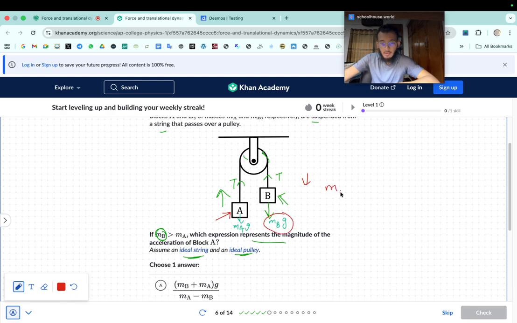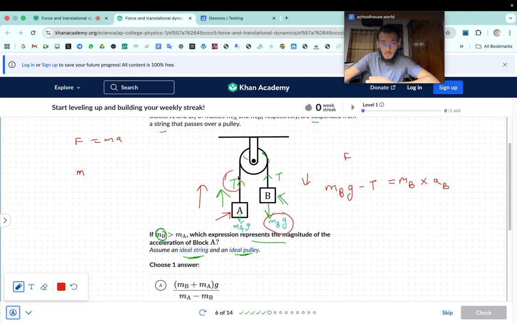So we write mB g minus T. This is the resultant force, F equals mB times the acceleration. They want us to find the magnitude of acceleration of block A, so this is aB. Now for A, because it's moving upwards, the resultant force is in the upward direction, and hence F equals ma.